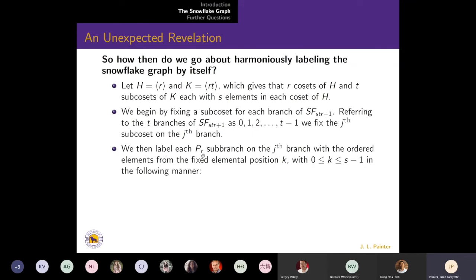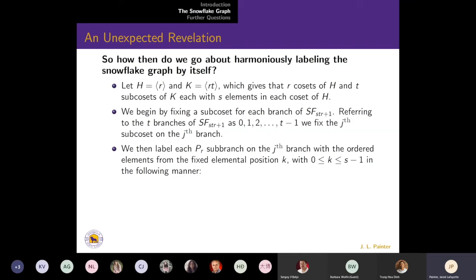And so we label each of the PR sub-branches on the jth branch with the ordered elements from the fixed elemental position K. So what we do is we kind of fix an elemental position on a particular sub-branch.